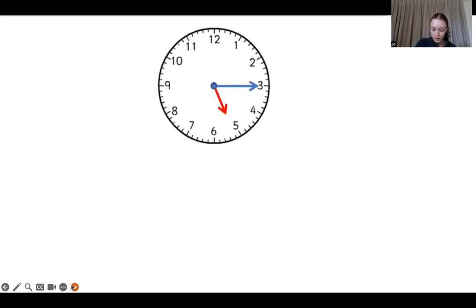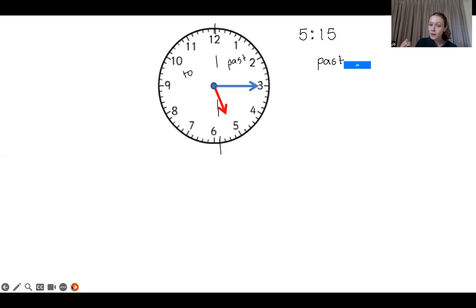On my first clock here, let's just write the time like we traditionally would as a digital time. I can see that it is 5:15. Now, recall that this side of my clock on the right side is the past side, and this is the to side. So I could rewrite my time as, firstly, I'm going to write past, because that's what we're using.